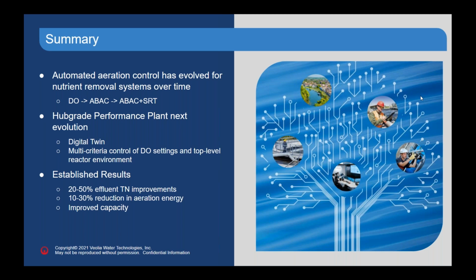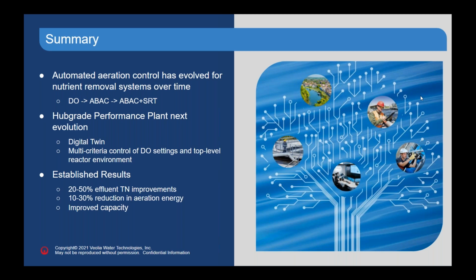There are many systems out there that are using ammonia-based aeration control, and there are lots of different feedback, feed forward, combination of the two, et cetera, ways to incorporate that. And you reach a higher level of control when you incorporate things like solids retention time control and other things that are focused on controlling the biomass and the quality and condition of the mixed liquor itself.